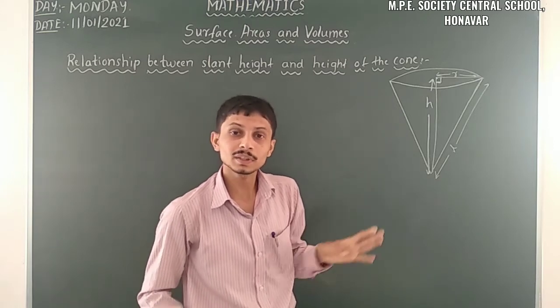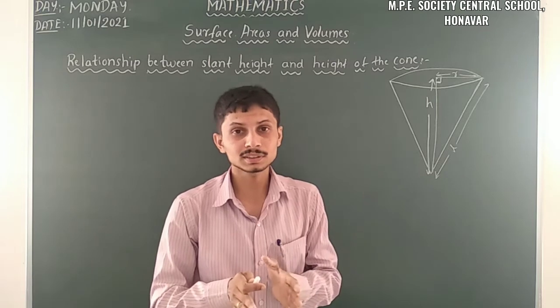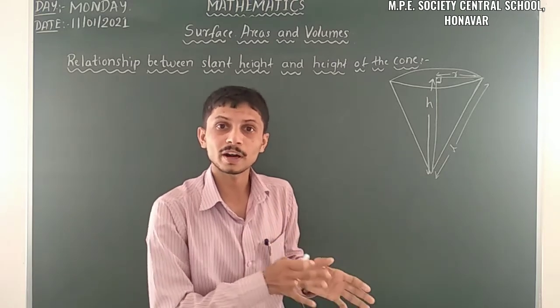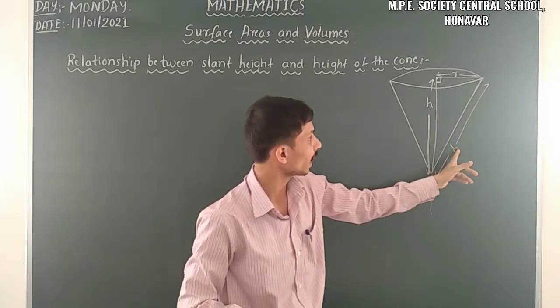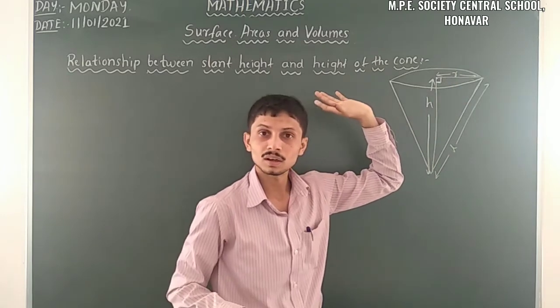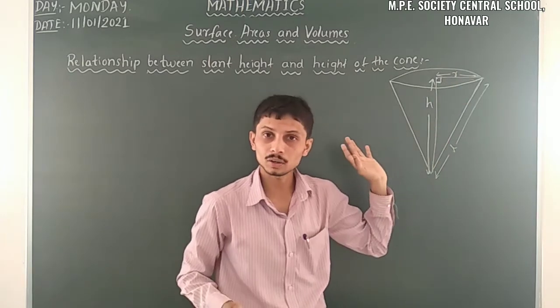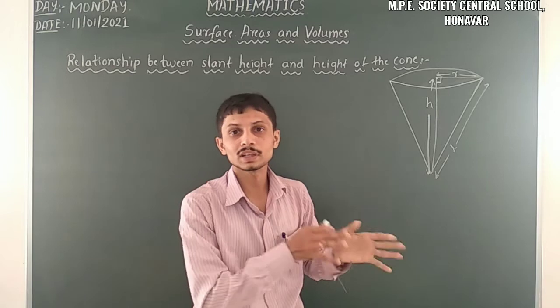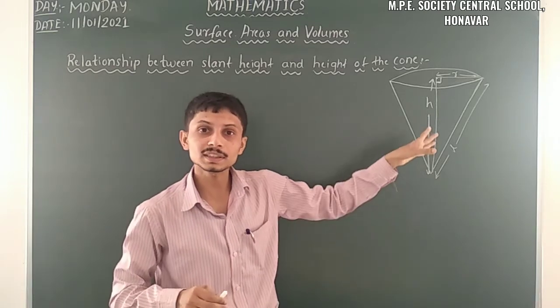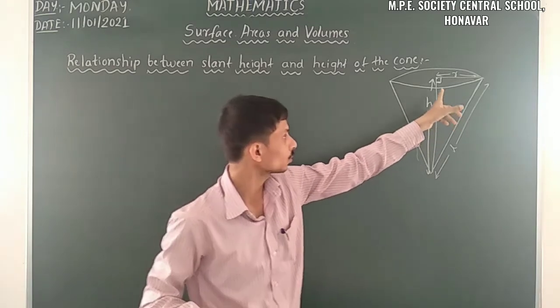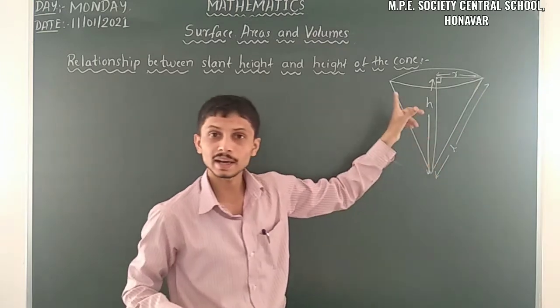So we can use the Pythagoras theorem to find the relationship between the slant height, the radius of the base circle and the height of the cone. We apply the Pythagoras theorem to this right angle triangle.